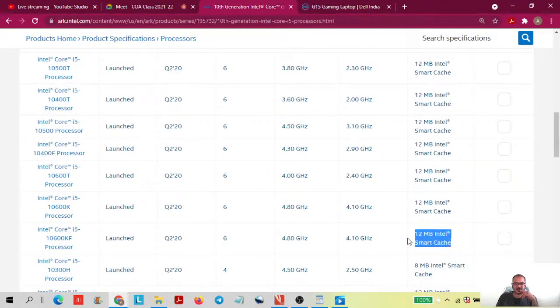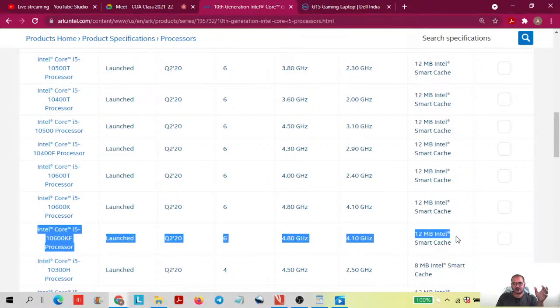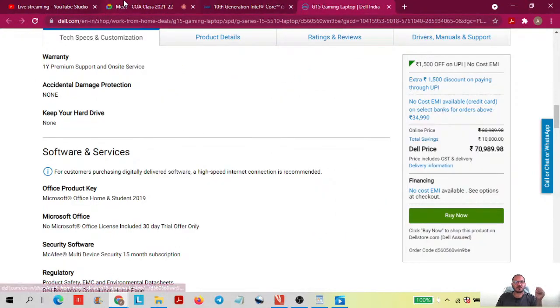You can see the change. As this configuration increases, the cost also increases, but you are getting more. The performance will be more.